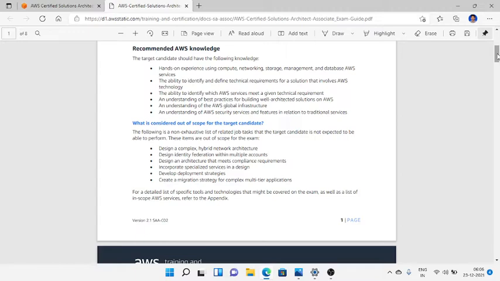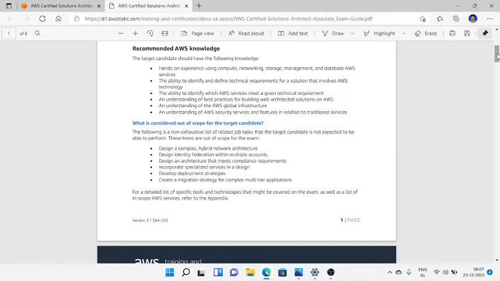So these are the different things you should have knowledge of. You should also know how to design a complex hybrid network architecture, design identity as well as multiple account creation, design an architecture that meets compliance requirements, and incorporate specialized services in design, deployment strategies, and migration strategies for complex multi-tier applications.